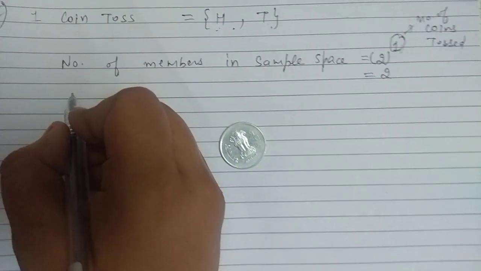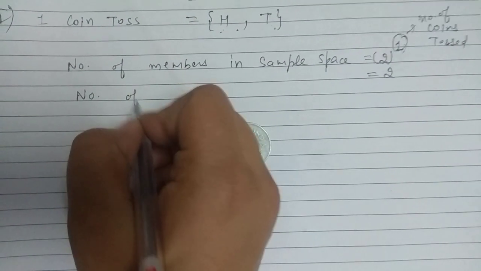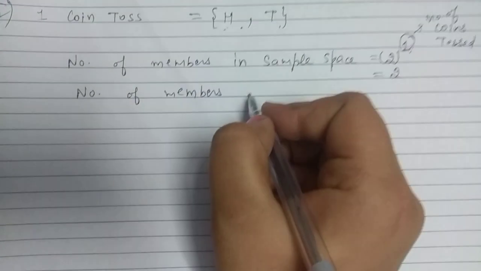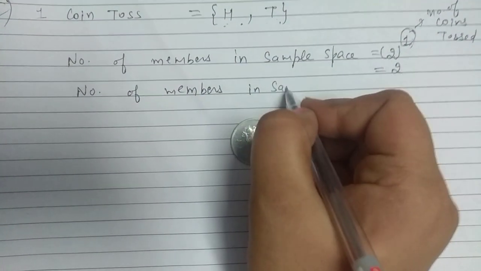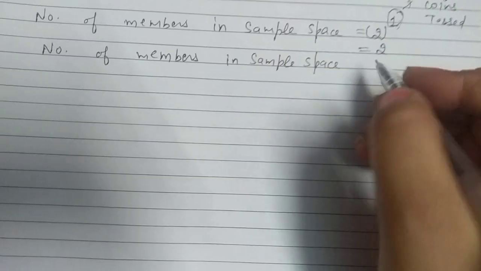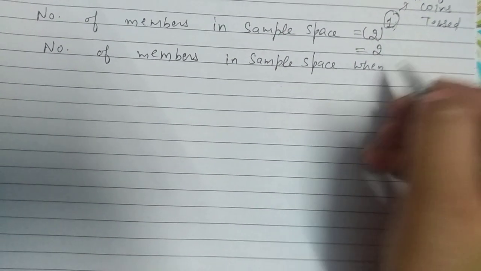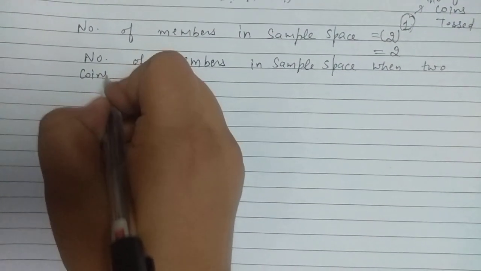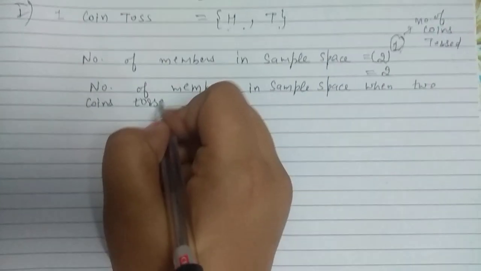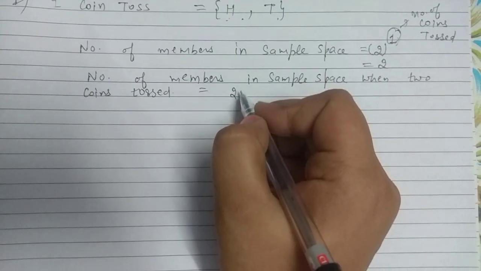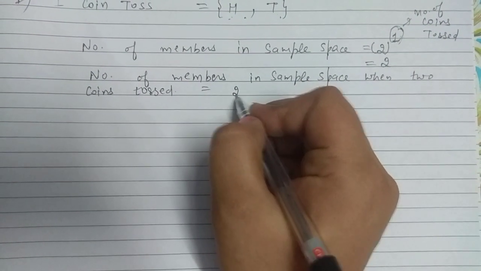Similarly, if I want to check the number of members in the sample space when 2 coins are tossed, as you all know we have two cases, head or tail, that's why I write 2.